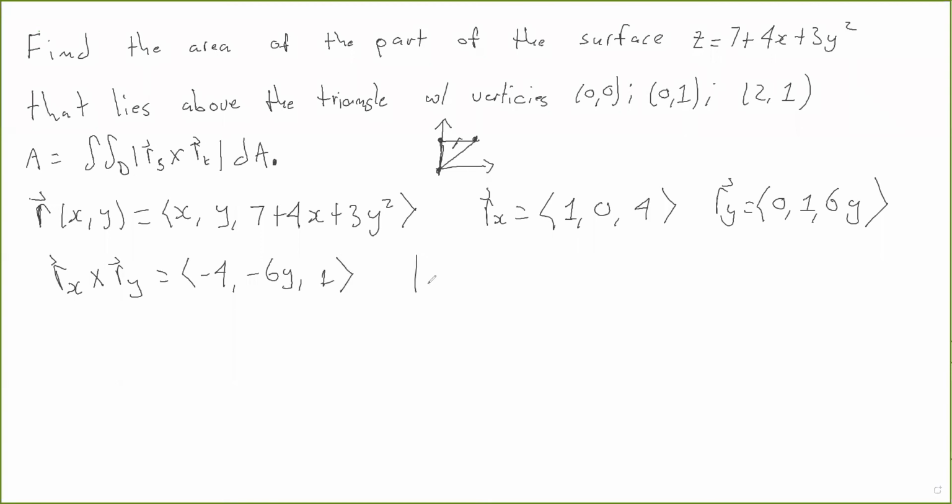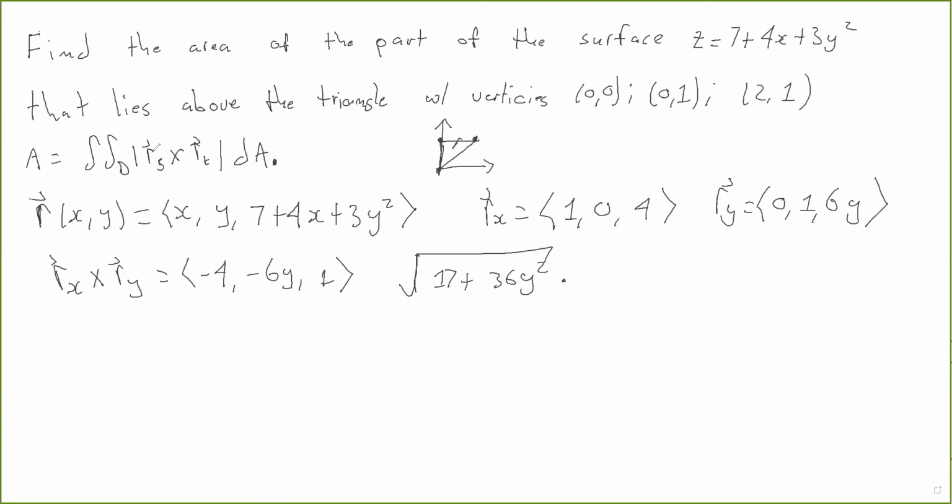And so the magnitude of the cross product is the square root of 17 plus 36y squared. Unfortunately, there's not really a way to simplify this any further. So the square root of 17 plus 36y squared is this part right here. This is the magnitude of this vector.